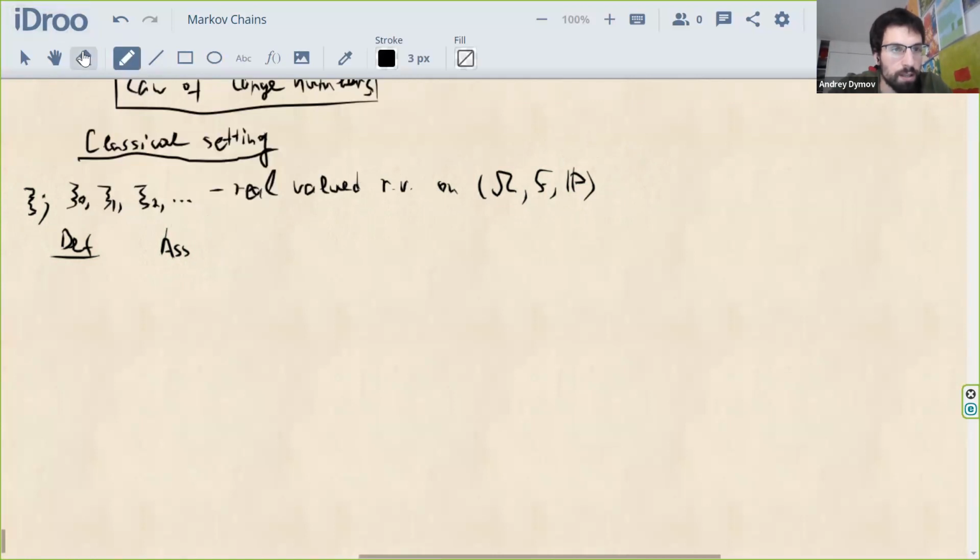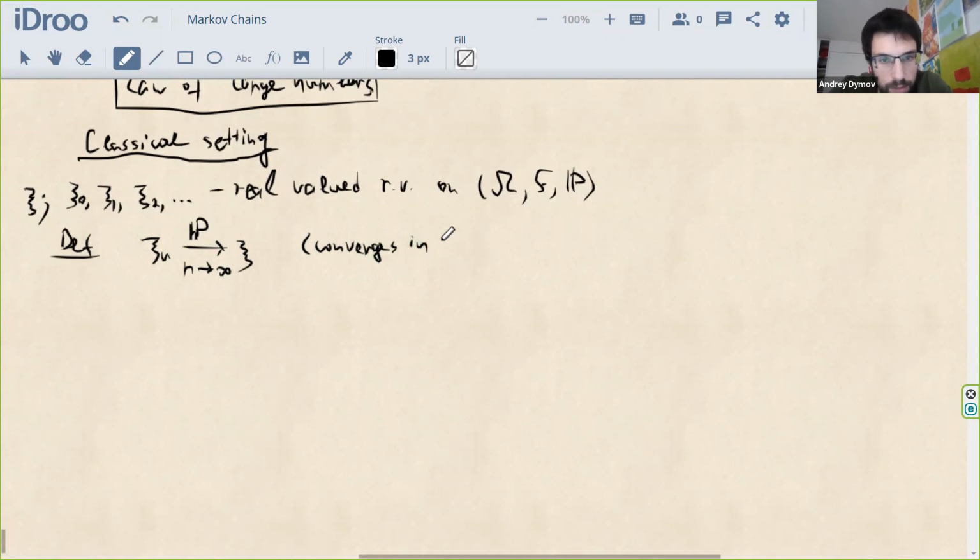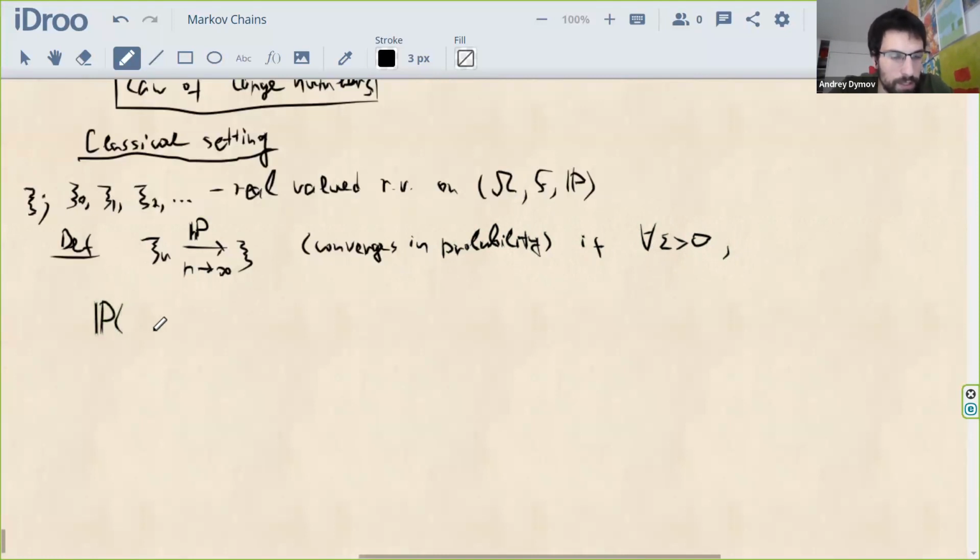And we say that the sequence psi n converges to the random variable psi in probability, and we denote it with the letter P above the arrow, if for any positive epsilon, the probability of the event that the difference between psi n and psi is more than or equal to epsilon converges to 0 when n goes to infinity.